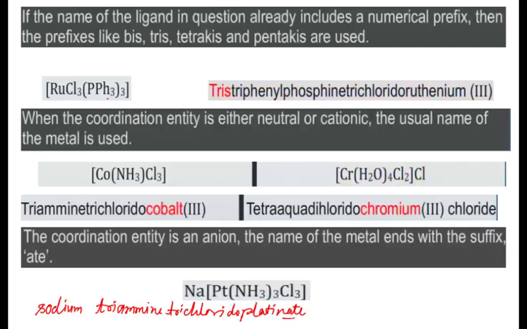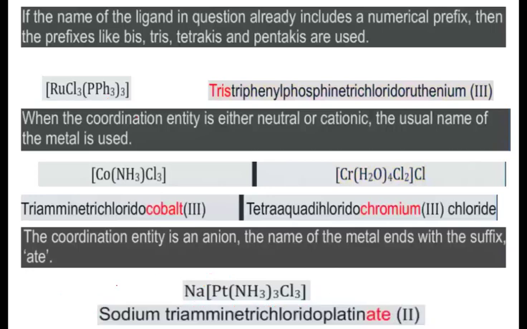The name of this platinum ends in ate and the oxidation state will be 2. This will be the name of the complex. The focus is on the central atom: because this is an ionic complex, the name of the central atom will end in ate. Sodium triamminetrichloridoplatinate(II). I hope it is clear to you.